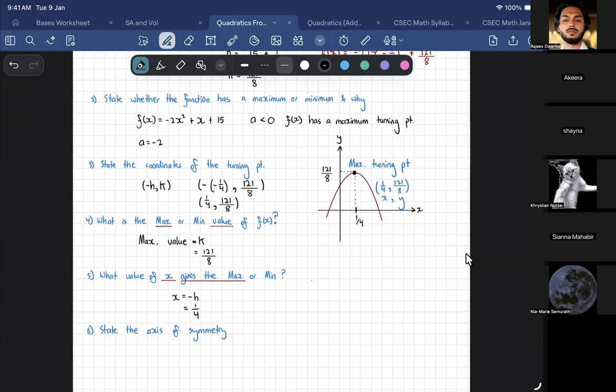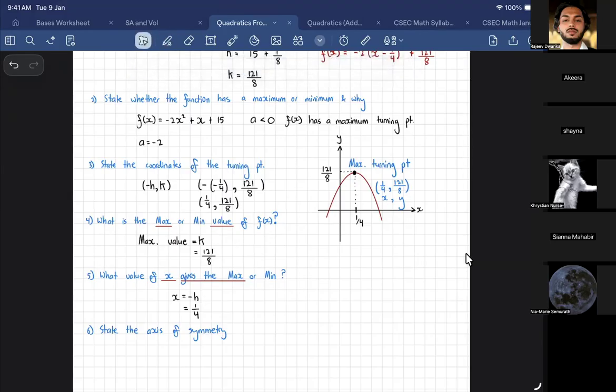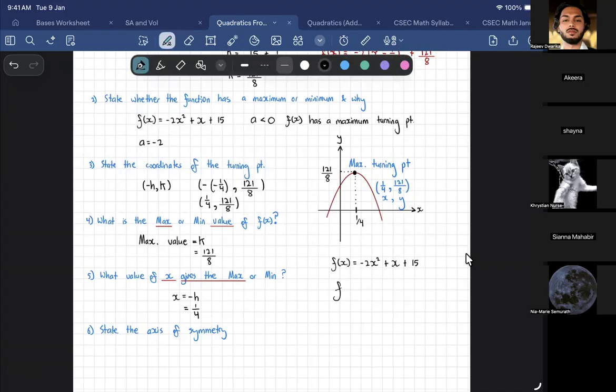So let me show you something quickly. The function that we have is minus 2x squared plus x plus 15. So we are saying that when we put in a quarter as x, it's going to be minus 2 times a quarter squared plus a quarter plus 15. What am I supposed to get? When x is a quarter, what am I supposed to get? Could somebody tell me? Christian?